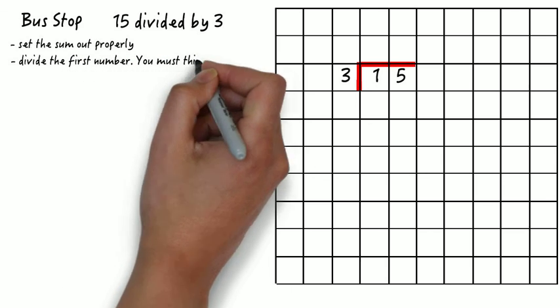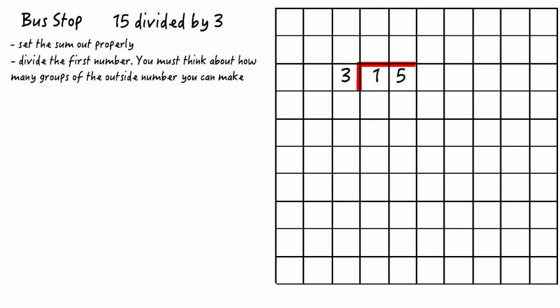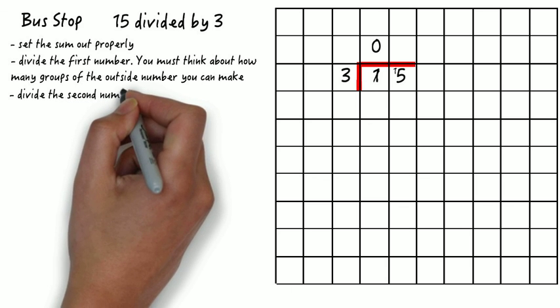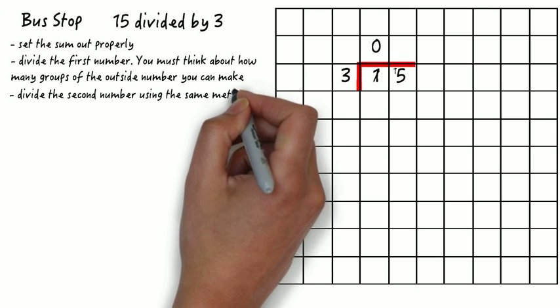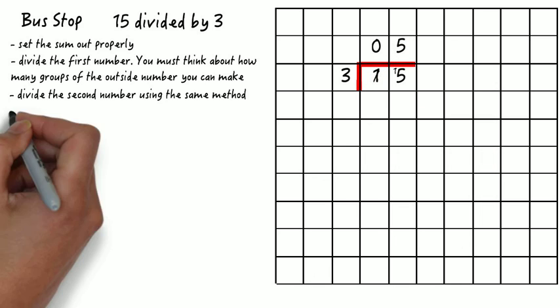We divide the first number, which is going to be 1. We have to think about how many sets of 3 we can count in 1. And you can't count any sets of 3. So we pass the 1 over to the 5 to make it 15. How many sets of 3 can we count in 15? We all know it's 5. And there's your answer.